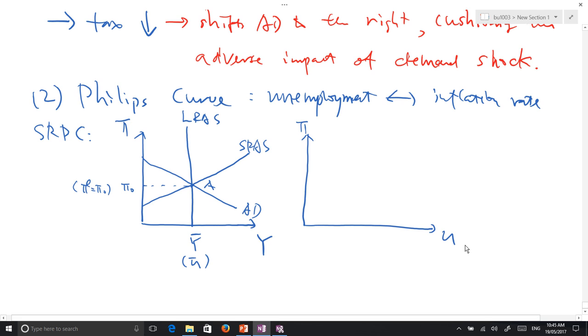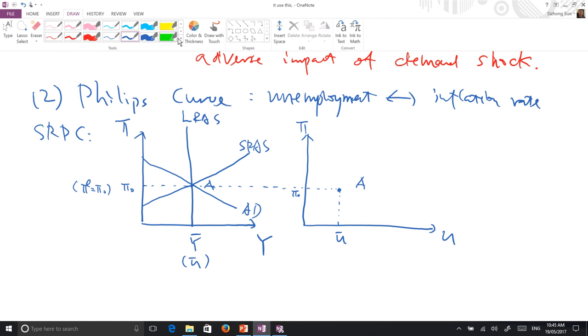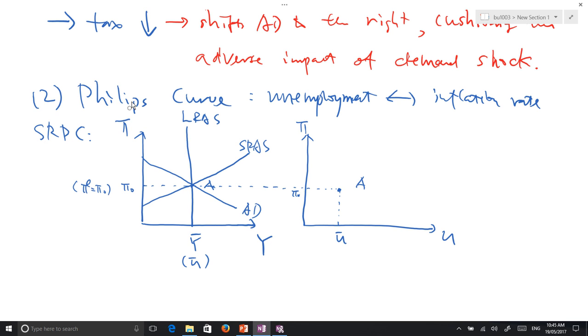Corresponding to point A, if we look at the inflation-unemployment angle, we know the corresponding unemployment is U bar. So that's point A here. Now let me say, for some reason, aggregate demand shifts to the right.